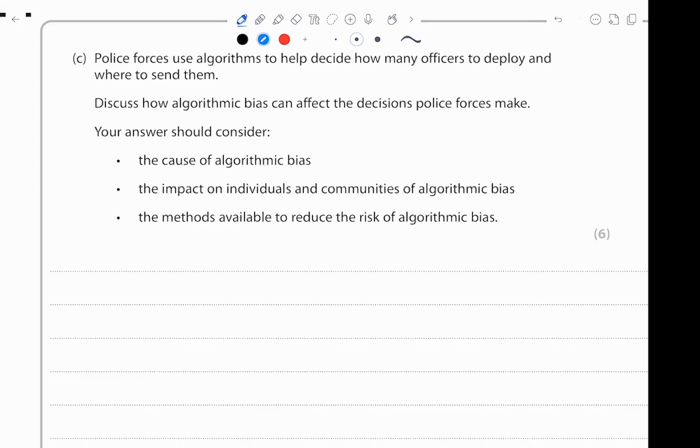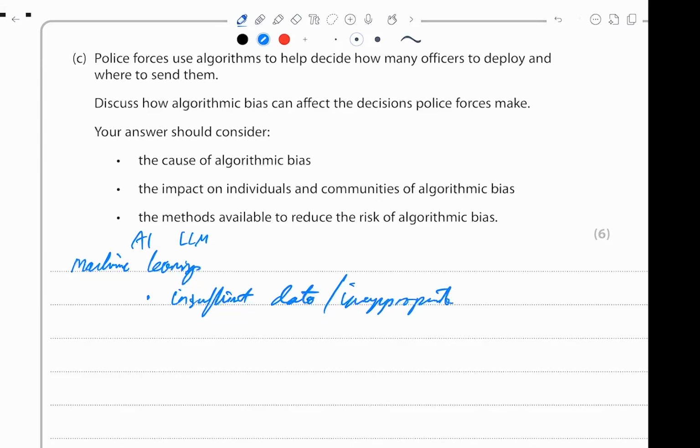Algorithmic bias is usually to do with machine learning, AI, large language models. I'm just going to abbreviate this a little bit. You could say insufficient data, or inappropriate data used to train the model.